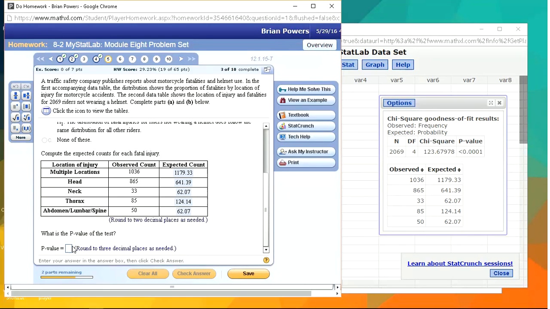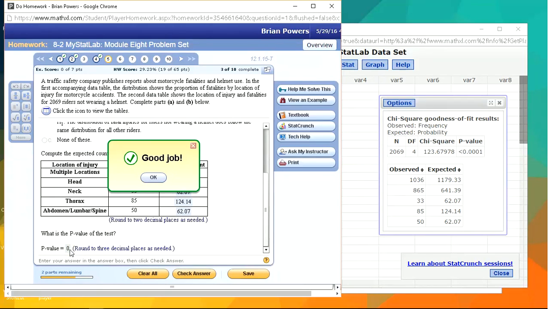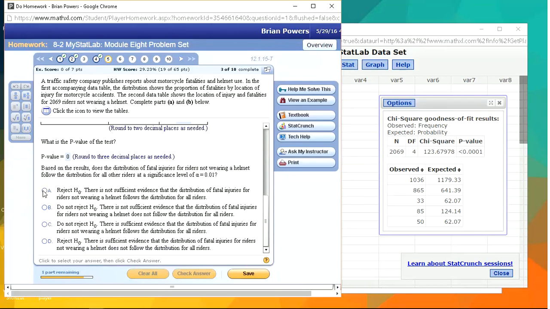The p-value is given to you to 3 decimal places, and it rounds to 0. We would reject the null hypothesis. There is sufficient evidence that the distribution is not what we would expect. So we do reject. There is sufficient evidence that the distribution of fatal injuries does not follow the distribution. So there we go.